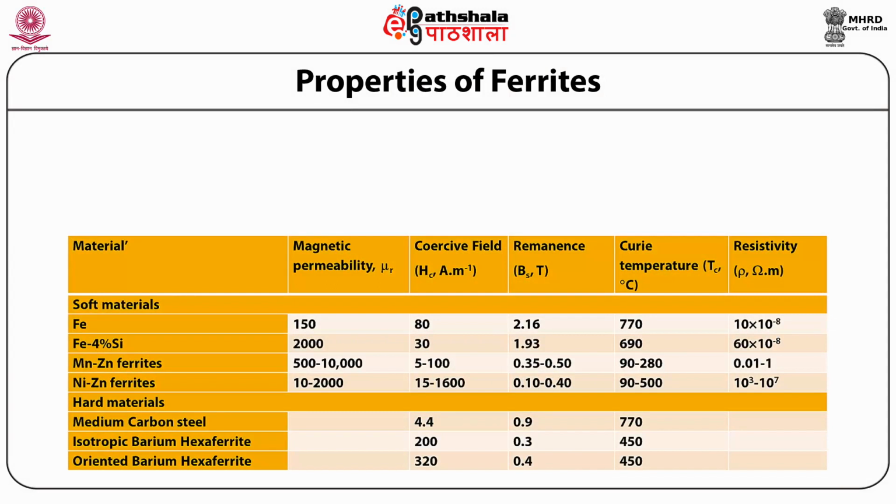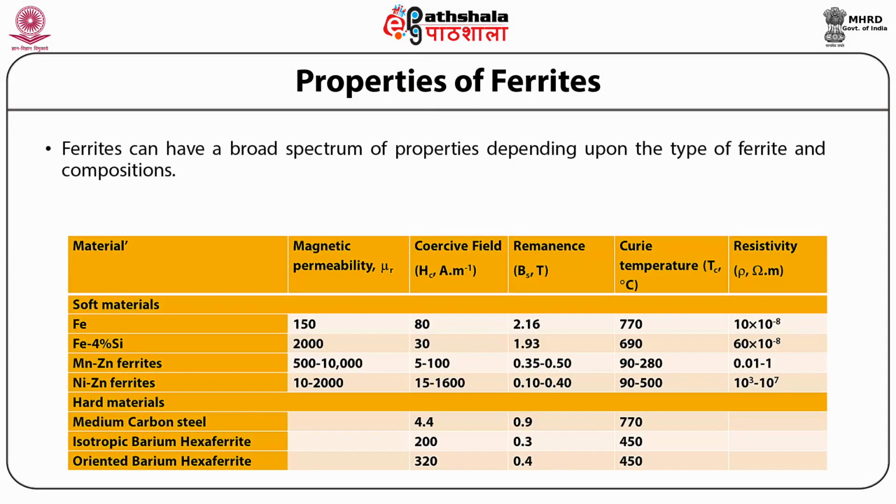Properties of ferrites. So students, we have already discovered that the ferrites can have a broad spectrum of properties depending upon the type of ferrite and composition. This table shows some properties of common magnetic ceramics.